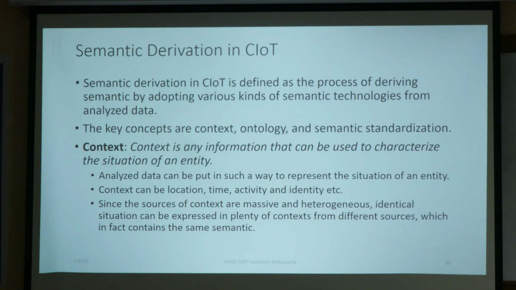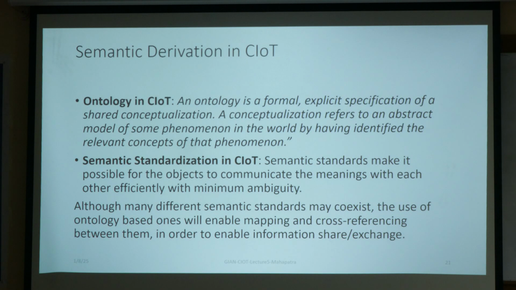Next one is ontology. Ontology is a formal and explicit specification of a shared conceptualization, which refers to an abstract model of some phenomenon in the world, having identified the relevant concepts of that phenomenon. Don't worry if you can't digest it quickly.